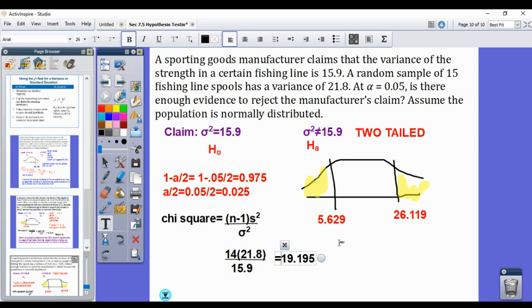Okay, so the question is, where does that value lie? And that value lies in the middle here. So do we reject? Nope, we do not. We fail to reject. Okay, so let's write our sentence.